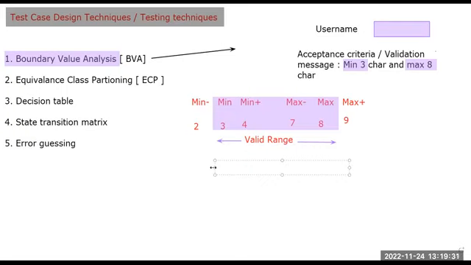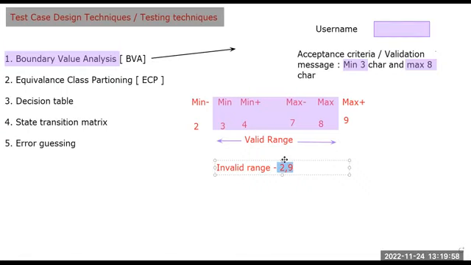If you give more than 8 characters, it will again throw the error message. So what is the invalid range? The invalid values are 2 and 9, less than 3 or greater than 8. As per this example, 2 and 9 are the invalid range. If you enter 2 characters here, it will not accept. If you enter 9 or 10 characters, it will not accept.